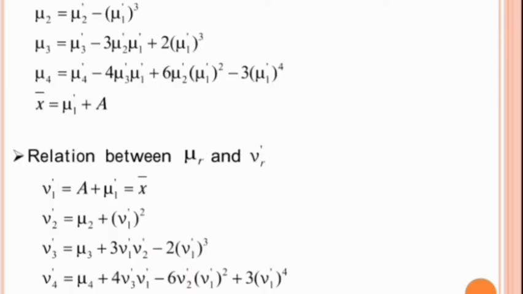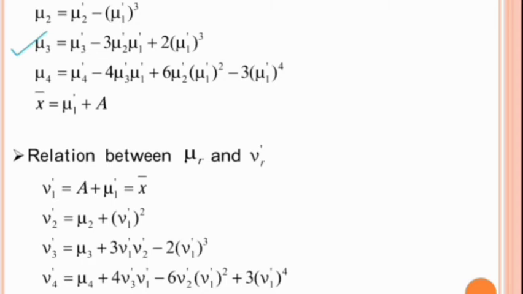Now let us see the relation between mu r, that is moment about mean, and mu r dash, that is moment about 0. The relation between mu r and mu r dash is given by mu 2 equal to mu 2 dash minus mu 1 dash whole square.